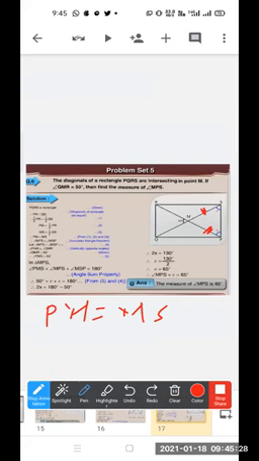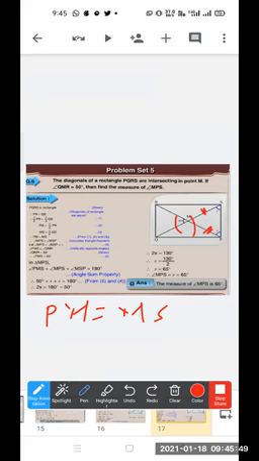And here angle QMR is given 50 degree. So angle SMP will also be 50 degree. Why? Because it is a vertically opposite angle.